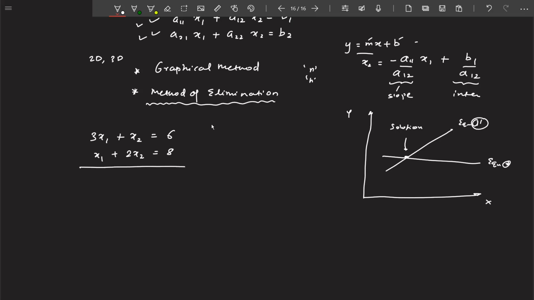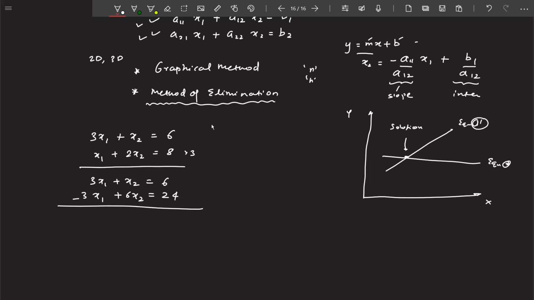So let me eliminate x1 here. I am going to multiply this equation by 3. Once you multiply this equation by 3, the second equation becomes 3x1, 6x2, 24. Now you are going to subtract equation 1 from equation 2.